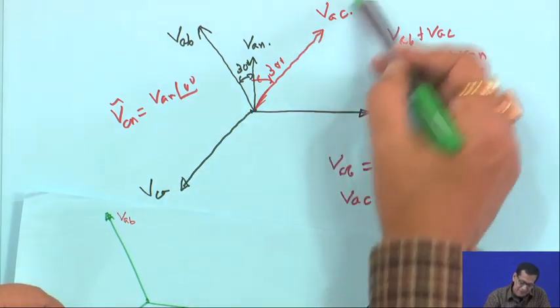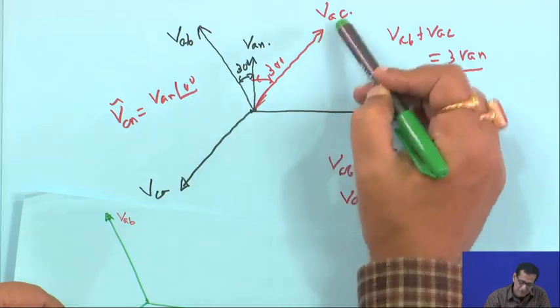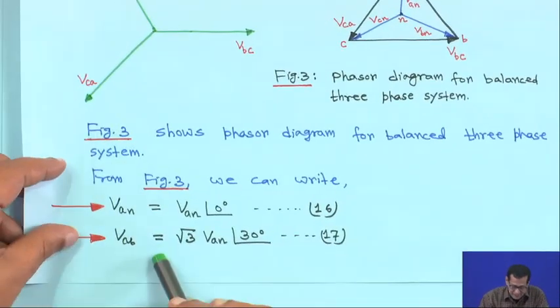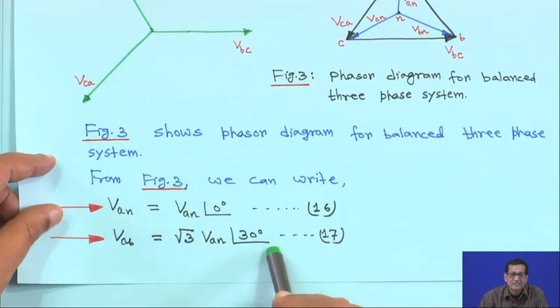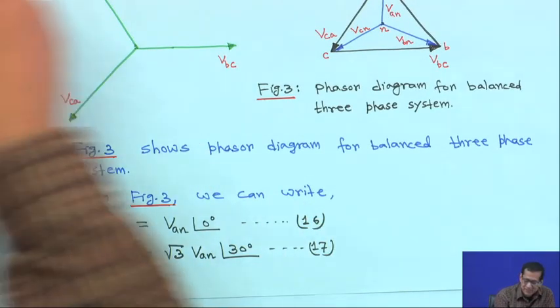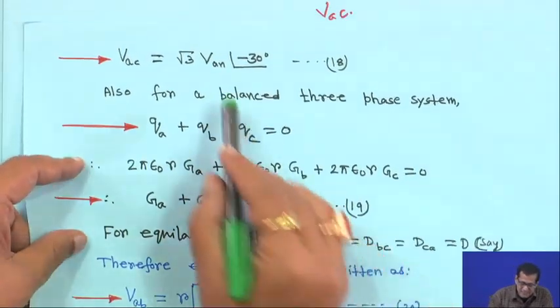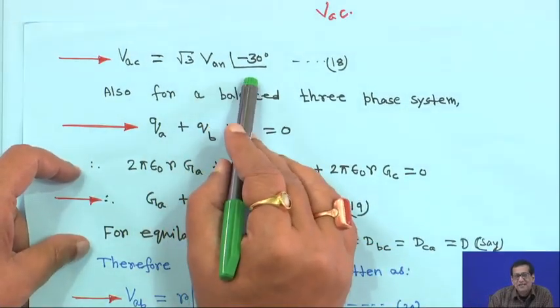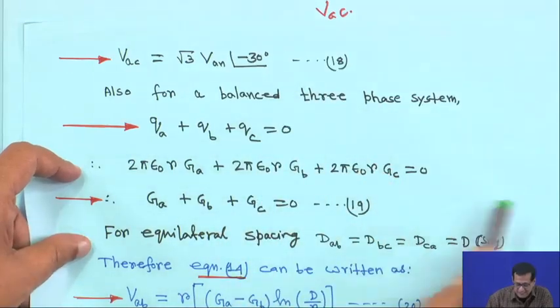Just 180 degree opposite, we have changed the polarity, it is VAC. So, VAB is equal to root 3 VN angle 30 degree. Similarly, VAC is equal to, I just showed you, root 3 VN angle minus 30 degree, this is equation 18.